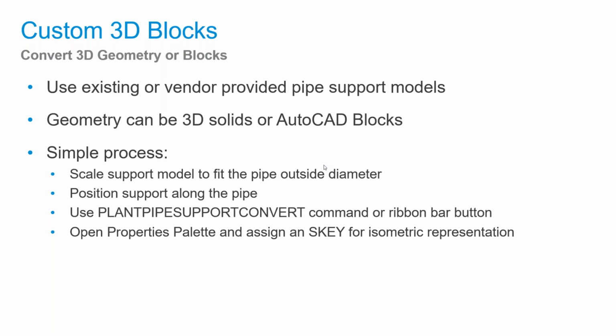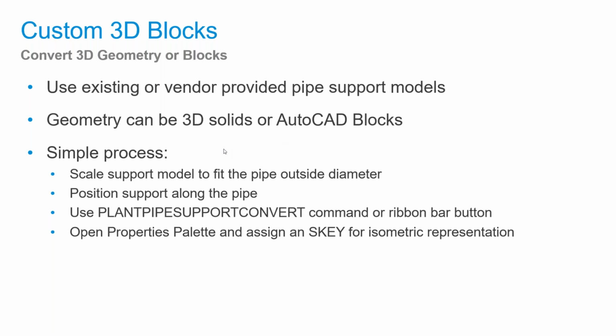That means in your drawing, and you assign an S key in the properties palette for the isometric representation. You can also use this geometry in your support specs. We will come later to this. So this is on the fly.